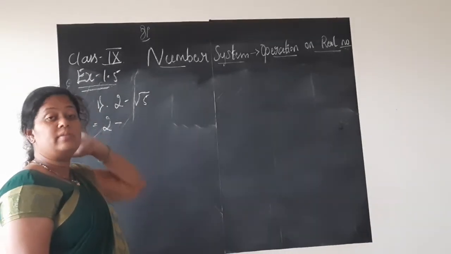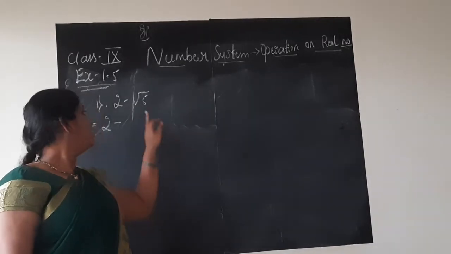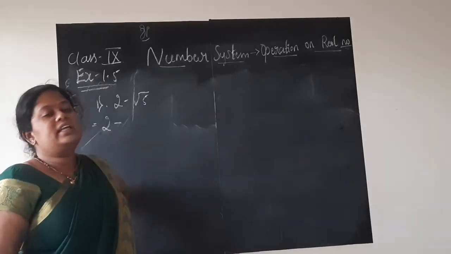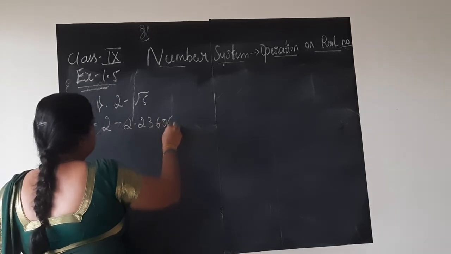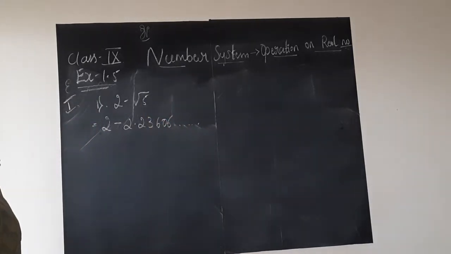In further chapters you will learn the division method to find square roots without using calculators. Till then, I will give you the values. It is 2.2360 and so on. Okay, so you will get this.